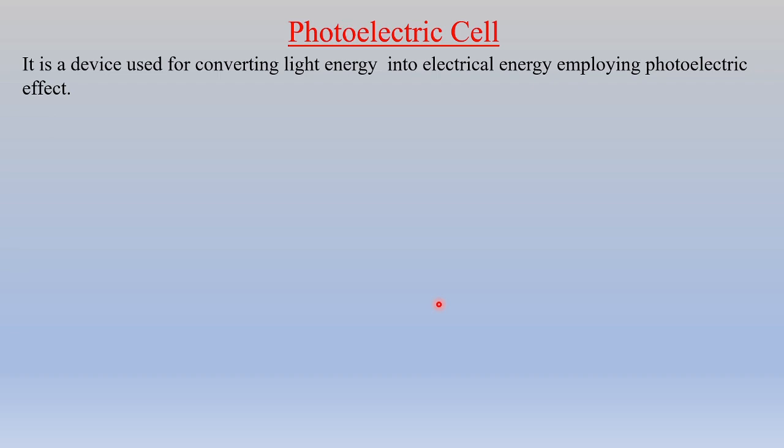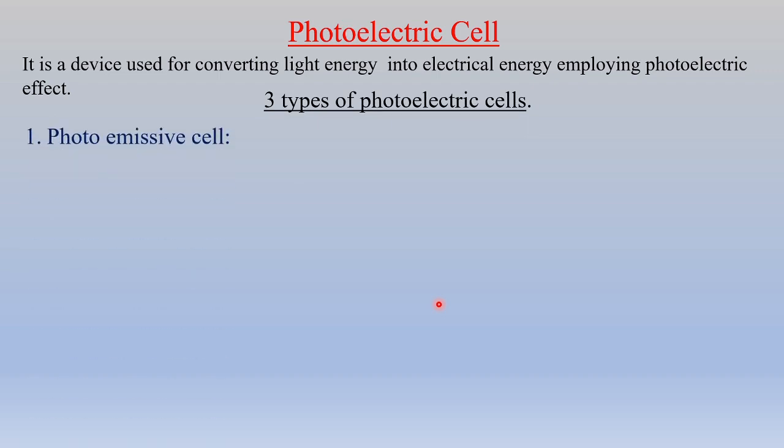There are three types of photoelectric cells. One is the photoemissive cell. The photoemissive cell is based on the fact that electrons are emitted from a metal like cesium when it is exposed to light.